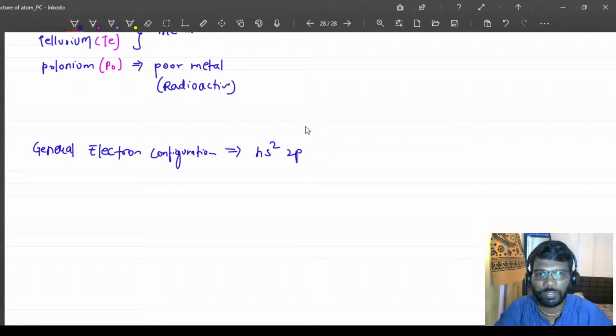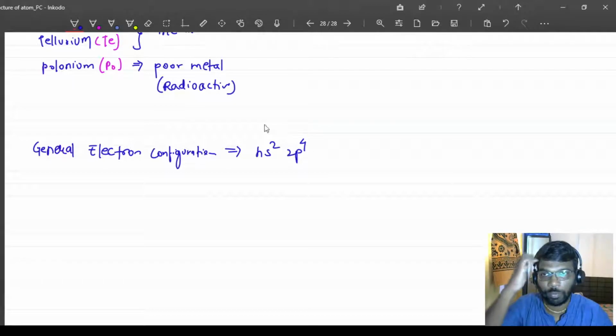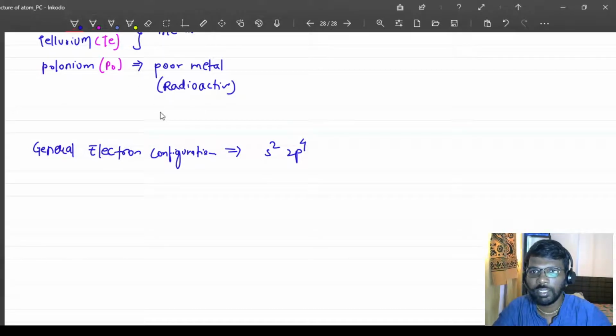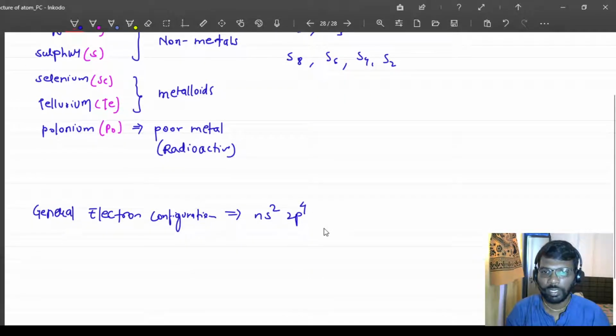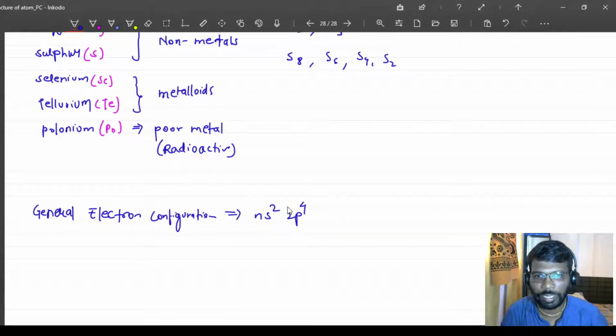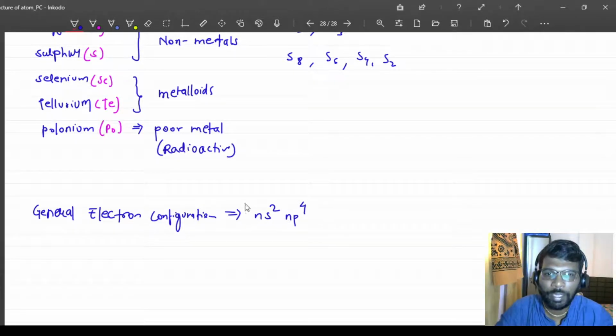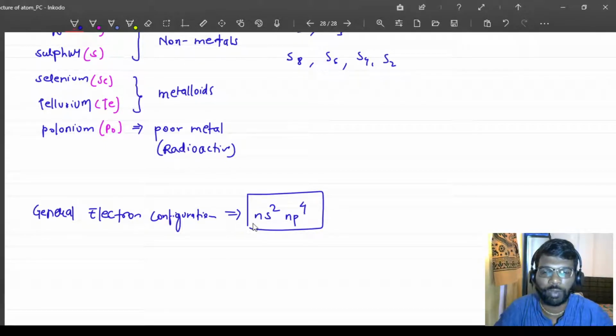Since we are talking specifically of group 16, there are six valence electrons in the outermost shell. It is very easy to identify the number of outermost electrons in this case. So since there are six valence electrons, the configuration is ns2 np4. This is the general outermost electronic configuration.